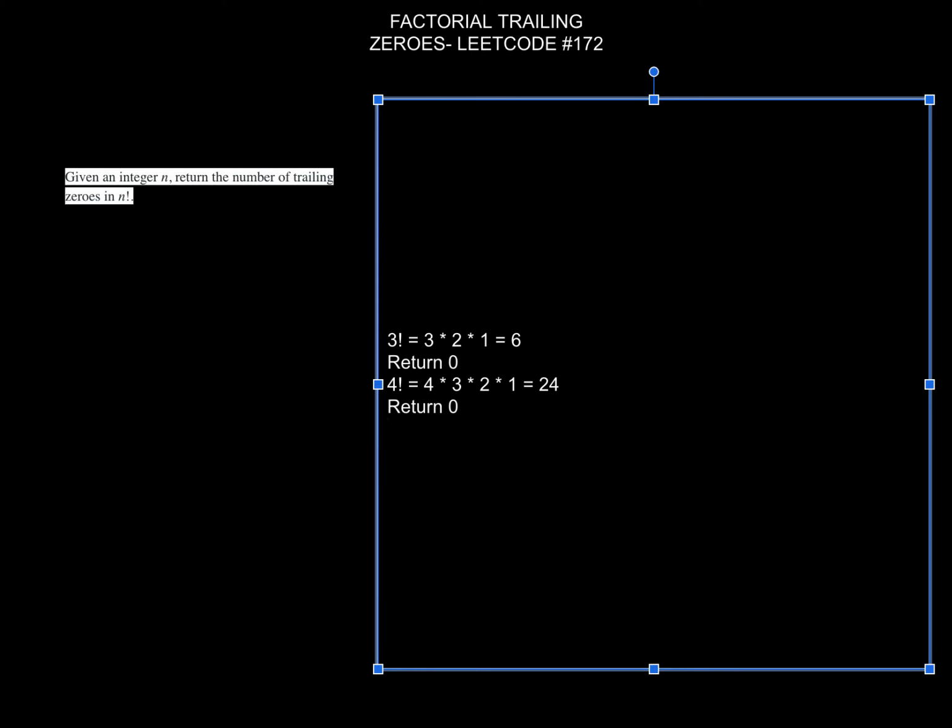And in the case of 5, we execute 5 factorial, which is 5 times 4 times 3 times 2 times 1, which would be equal to 120. And in this case we would return 1 because we have a trailing 0 here.